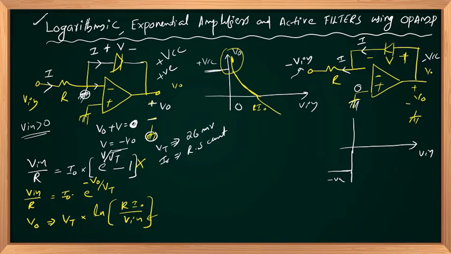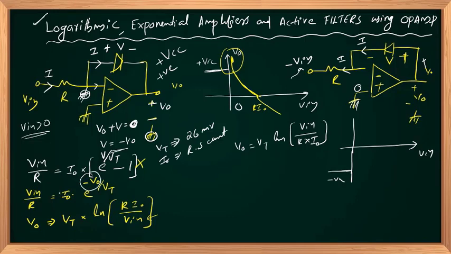And if V in is positive, we'll have a negative input, the inverting amplifier output will be positive, so the diode turns on, giving the resistor current. Compared to the earlier expression, the new V out expression in this case will become Vt ln of V in in the numerator, multiplied by R times I naught, due to a change in negative sign.